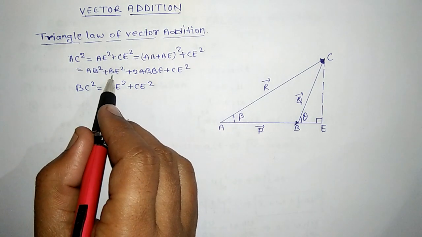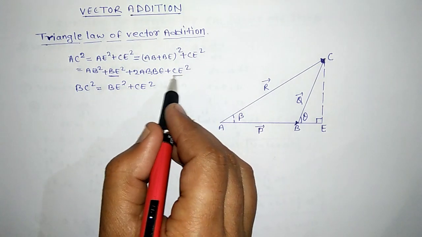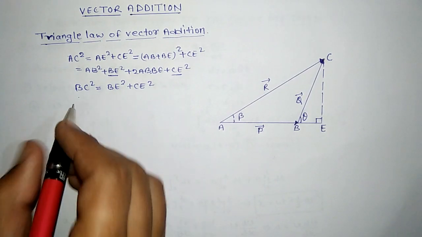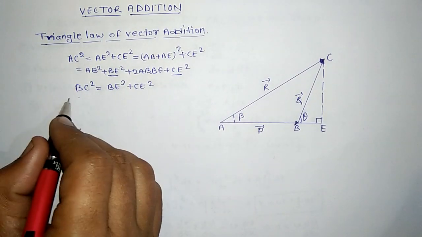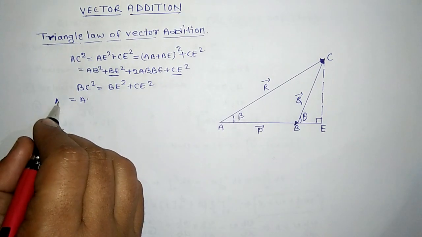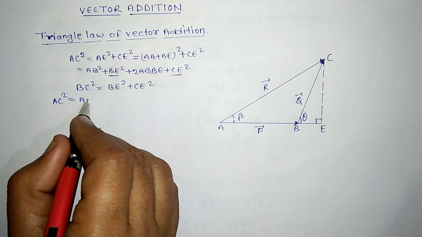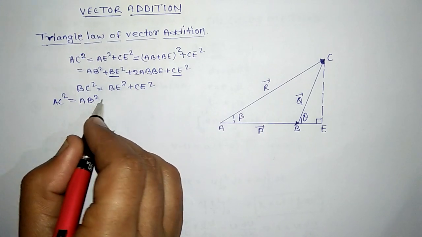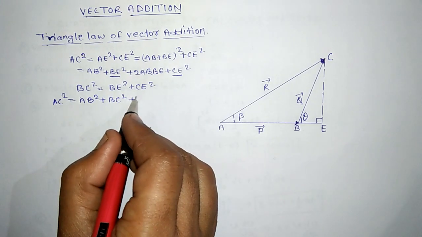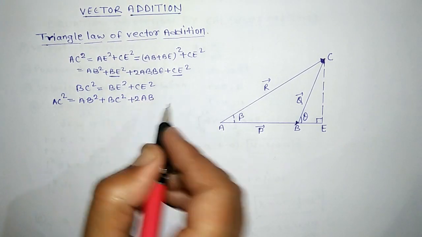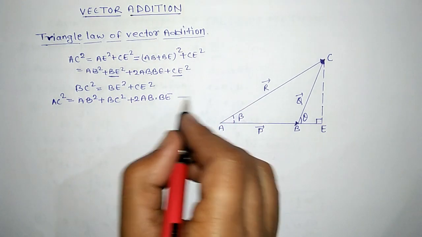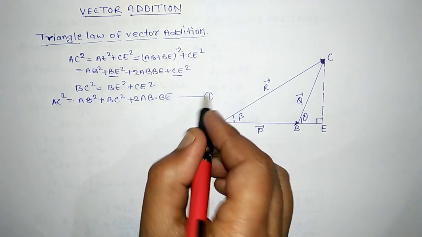Now in place of BE square plus CE square, we can substitute BC square. So this equation will reduce to AC square is equal to AB square plus BC square plus twice AB into BE. This can be written as equation number 1.